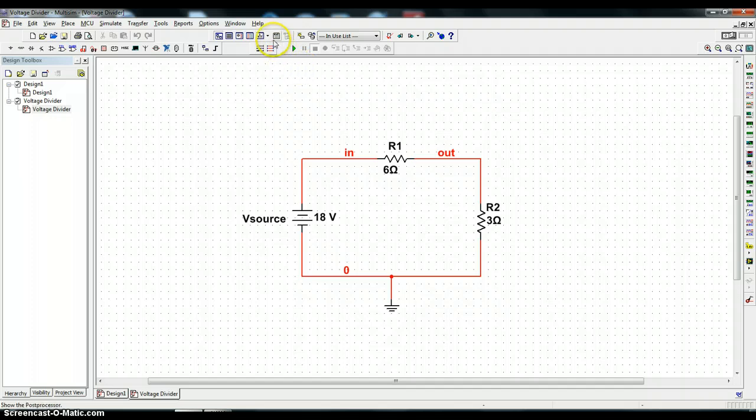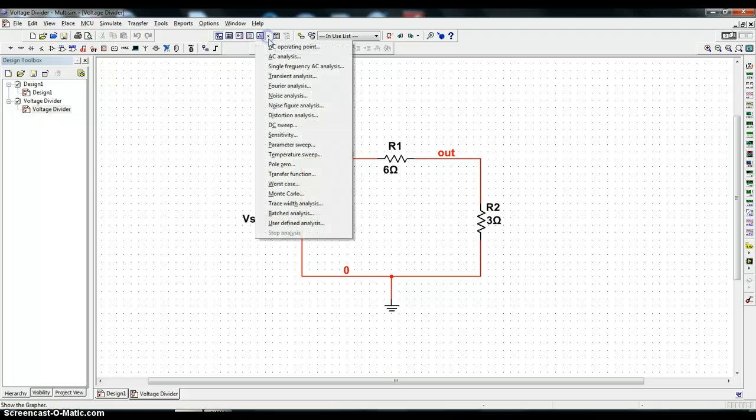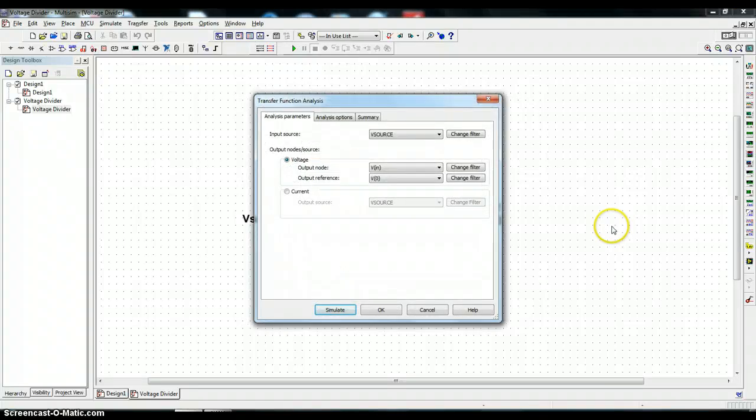I'll go up here to the grapher icon, click on it, and all my possible analysis operations come out, and I'm going to come down here to the transfer function. As I mentioned, it's really a DC transfer function, but they don't put DC on there. So I will click on it, and you have to specify an input, which happens to be a source.